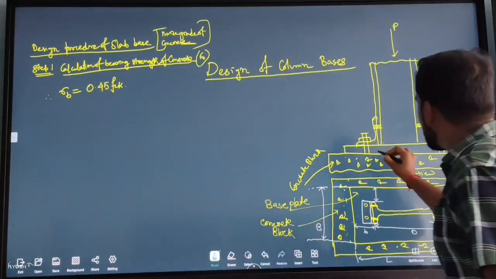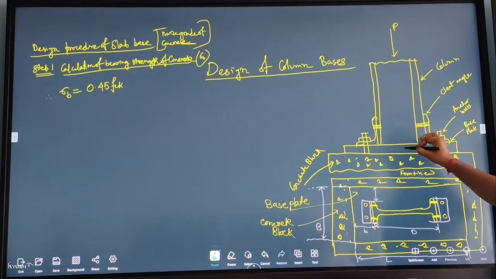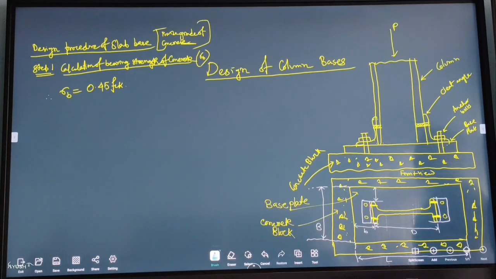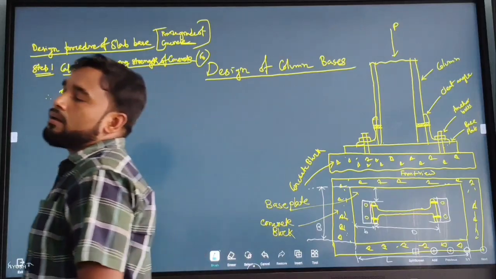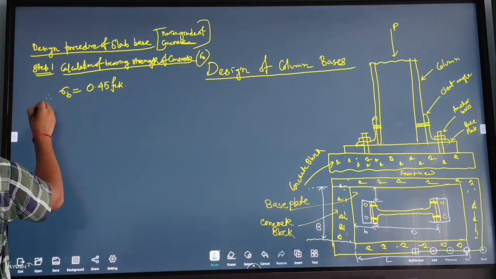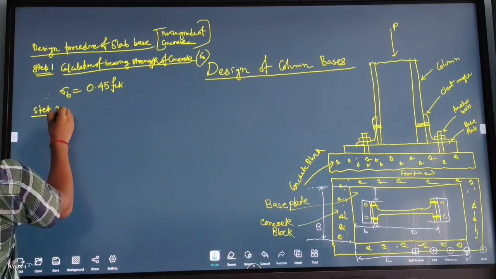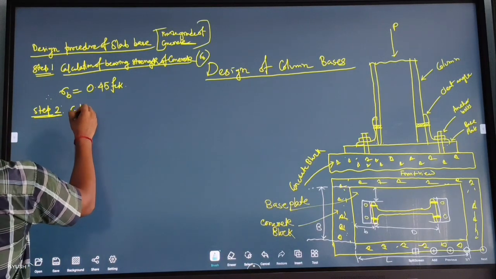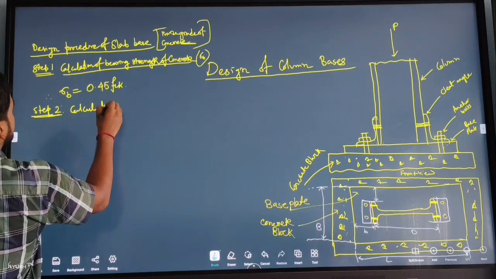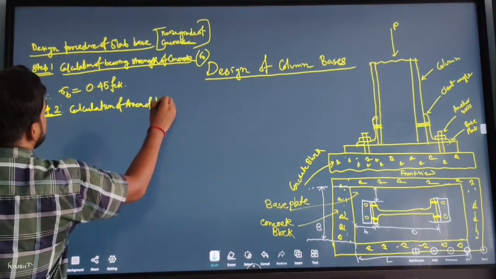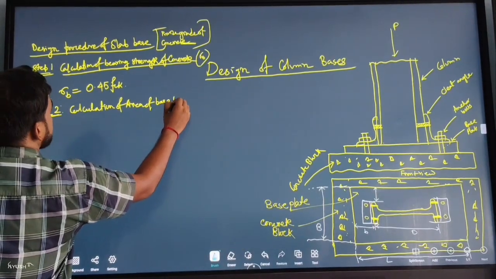Now this base plate is provided just above the concrete block, and the factored load in the column is given. Then step 2. Calculation of area of base plate.